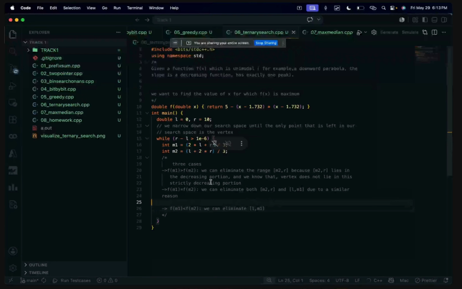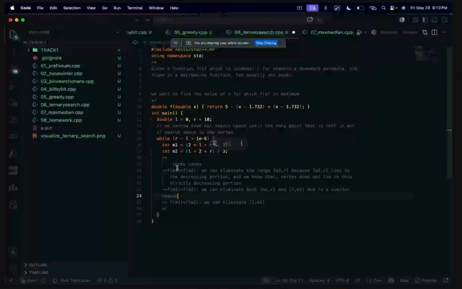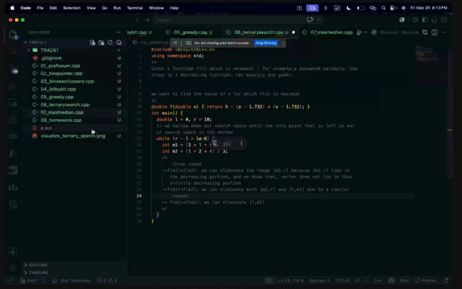So it is very important to consider these cases each time you see a question which involves a unimodal function in which you have to find some maximum, because this might not always be the case. The exact case that I described works for, say, the downward parabola. For the upward parabola, these cases would be exactly inverted.